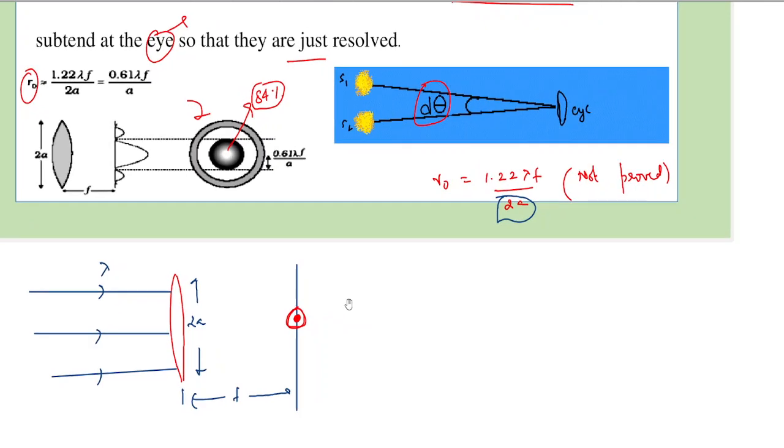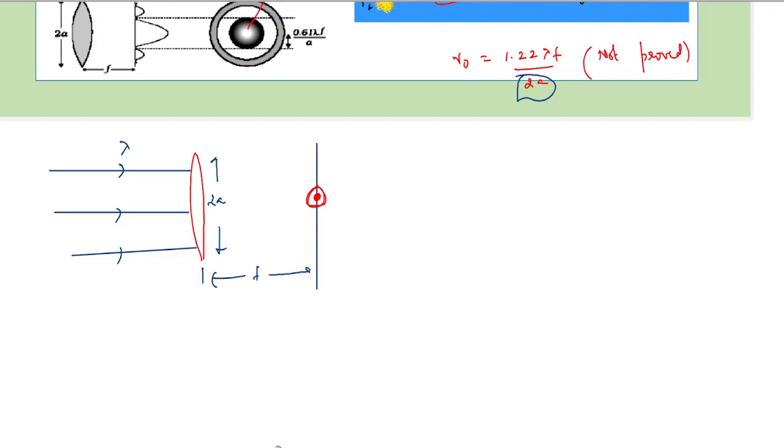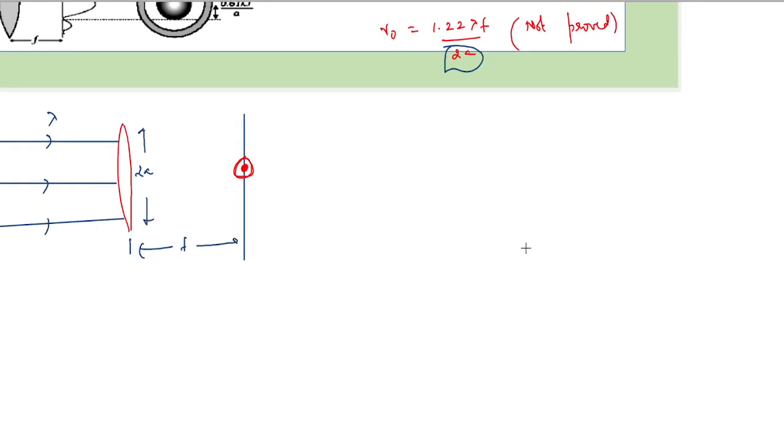Now instead of one source, if you have two sources as given here, then if we redraw the diagram, with a screen somewhere here and two sources, each source will have its own pattern.